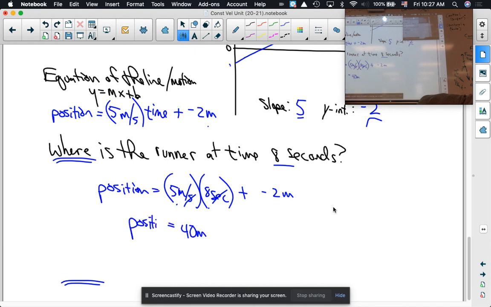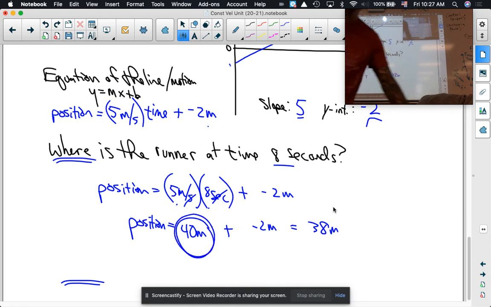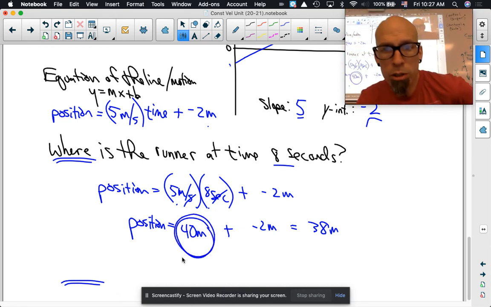Now, is that where the person is? No, I can't forget about my y-intercept, plus a -2 equals what? 38 meters.